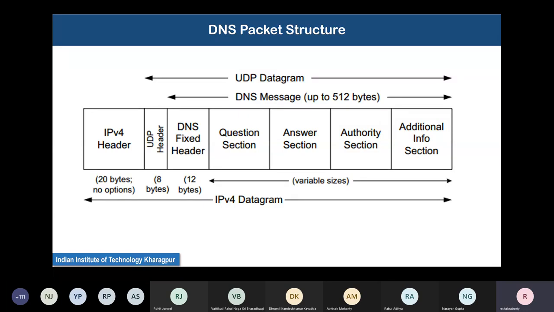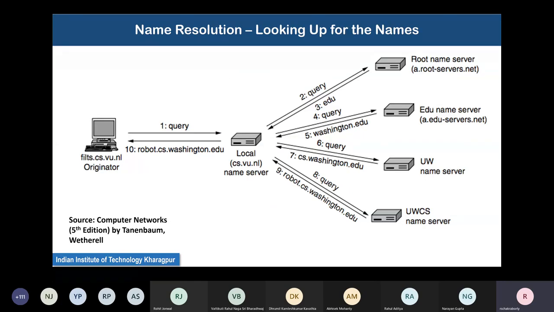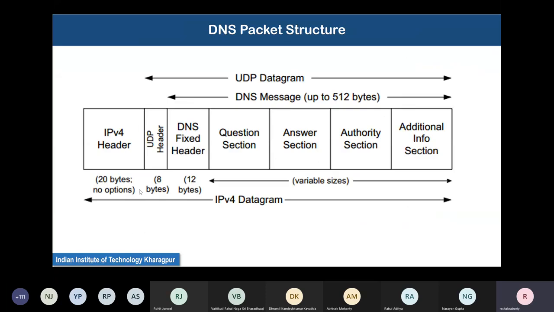What we will look at is the DNS databases at these different servers, which is returned in the form of answers to the queries. The queries and the answers themselves are in the form of DNS packets.